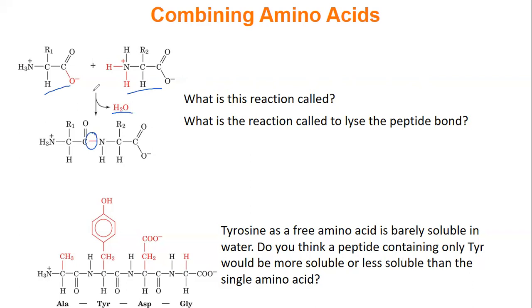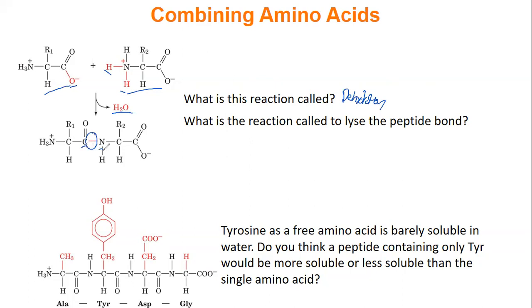So you're going to lose 1 oxygen, 2 hydrogens, and make water. And that's called a dehydration reaction, because you're removing water from your structure. You're dehydrating it. And you're making this peptide bond between the carbon and the nitrogen.